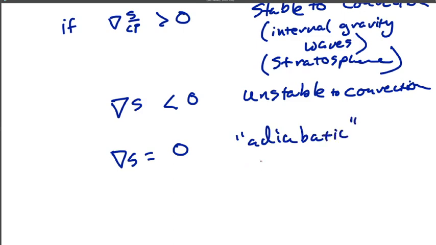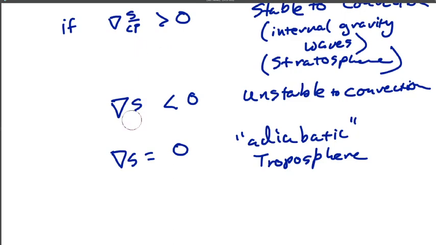And this is basically what the Earth's troposphere looks like. This is also what the convection zone of the sun looks like, whereas the radiative interior is stable to convection, and so is the outer atmosphere of the sun. So those are some different places that we see different types of stratification.